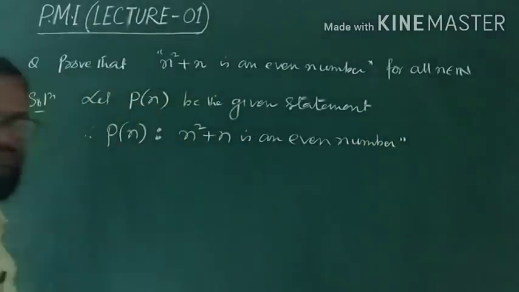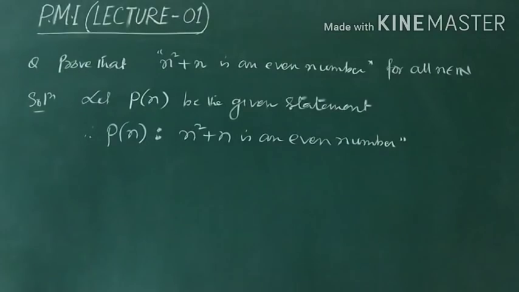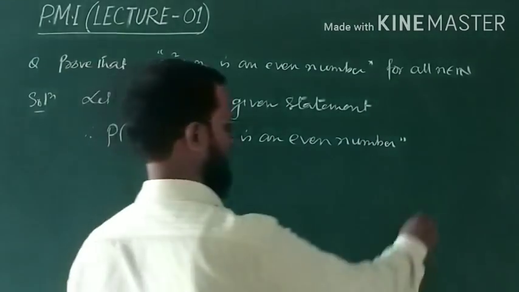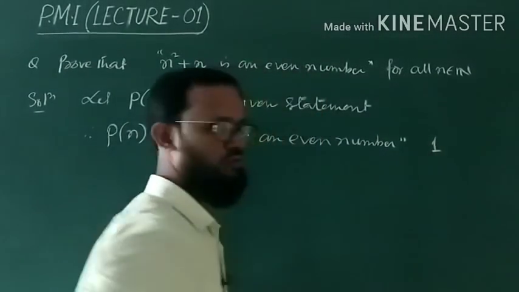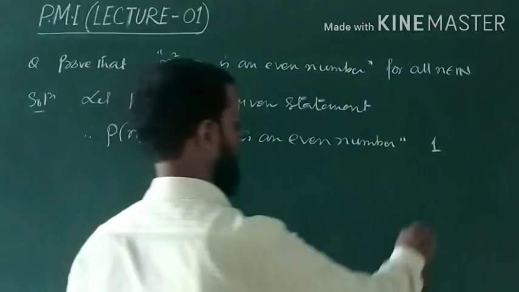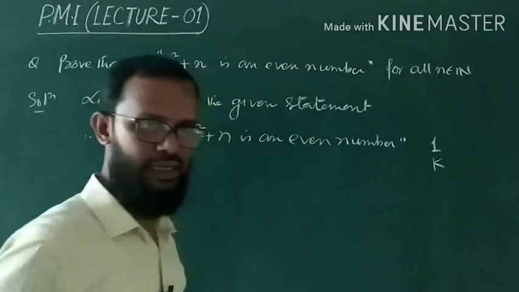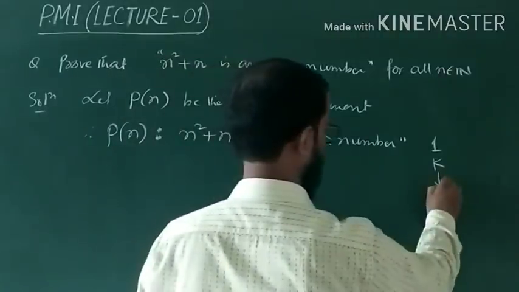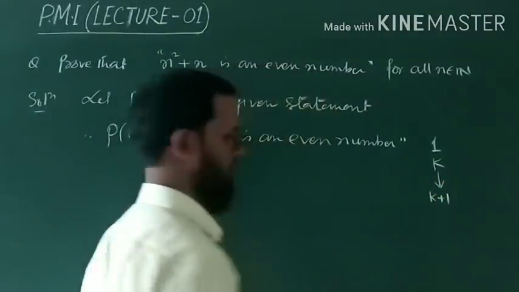Now what is our procedure? Our procedure is that we have to show that first the statement is true for 1, then suppose that it is true for k, and from here we are going to prove that it is true for k plus 1. That is the rule.